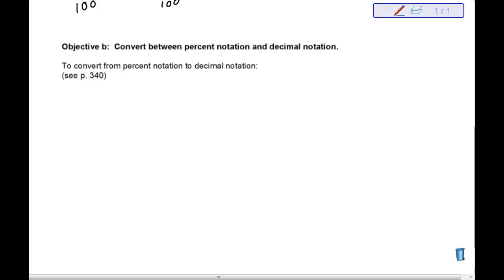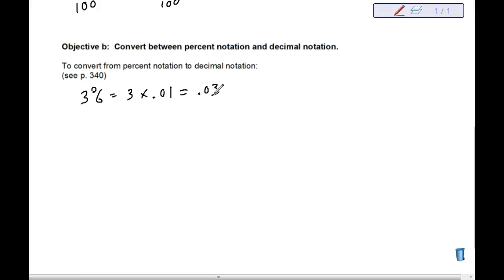So starting with the percent notation and converting it to decimal. Like we did in the introduction there, if I have 3%, that means 3 times 0.01, that'd make 0.03.